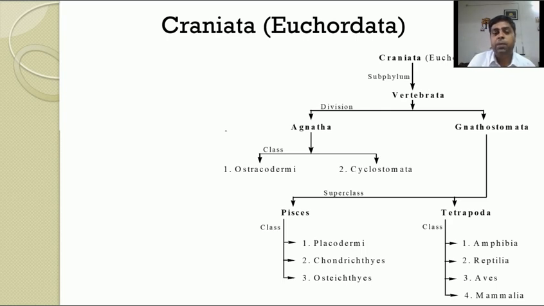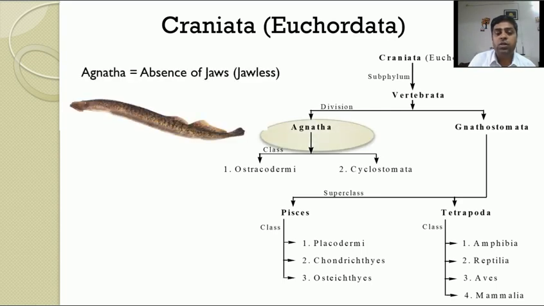The presence of the vertebral column is a prime character of all vertebrate organisms. Further, this Vertebrata is divisible into two divisions, Agnatha and Gnathostomata, on the basis of whether they are provided with jaws or not. So the first group is obviously the Agnatha, referred to as the jawless organisms.